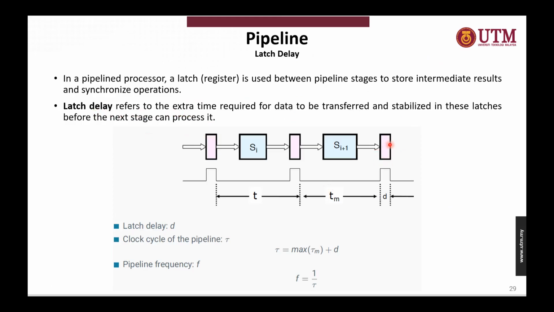Okay, so this is the calculation. This is the delay of the latch, the duration of the latch. Starting from here to here, this is the Tm max, the maximum time of the stage, and T here is the duration after you consider the latch.